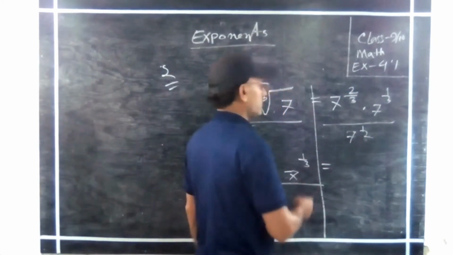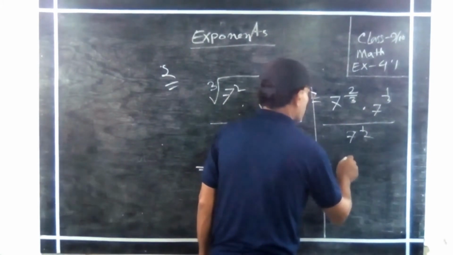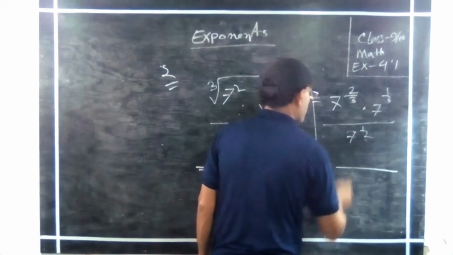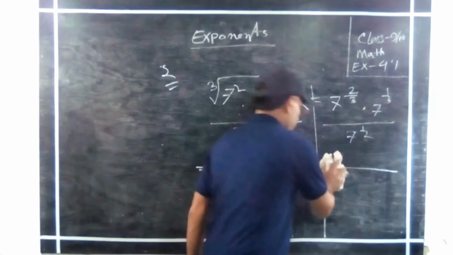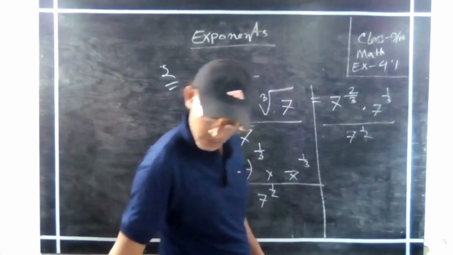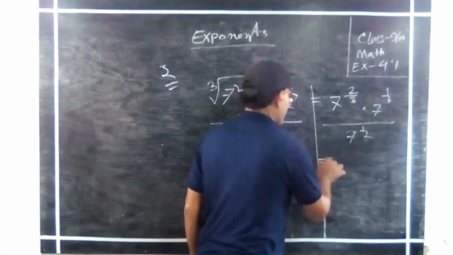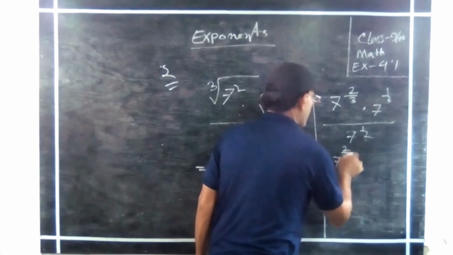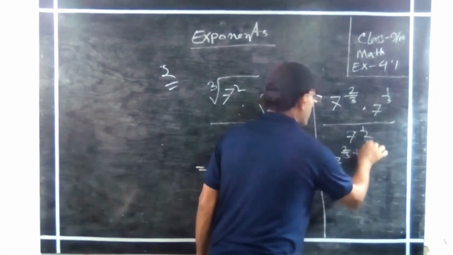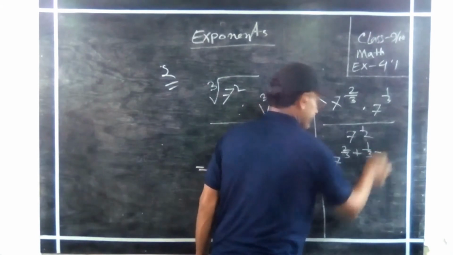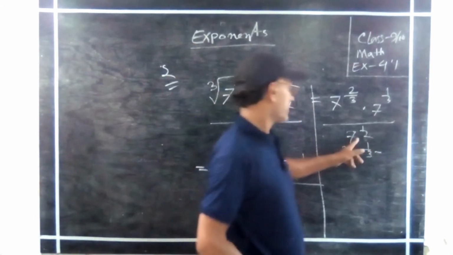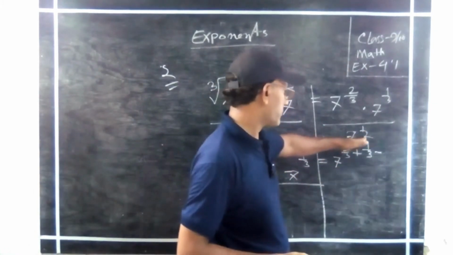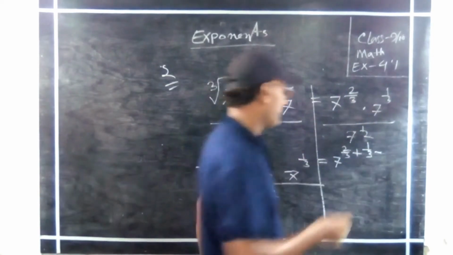So we can write at the top 7 to the power 2 by 3 plus 1 by 3 minus, as 7 to the power half is in the denominator, so we write half in the exponent.